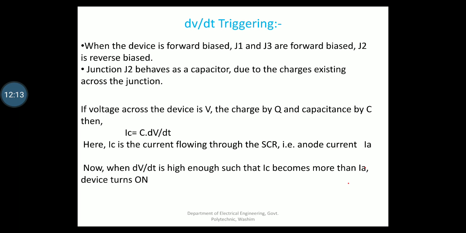Now when dV by dt is high enough such that the IC becomes more than the latching current, then device is completely turned on.